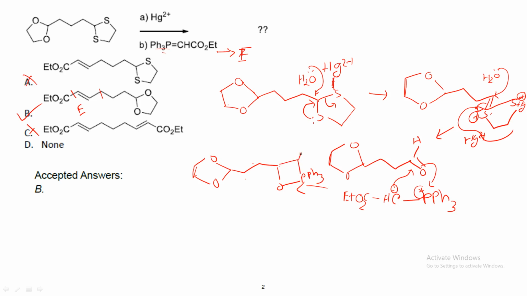So this type of thing would be forming. In the Wittig part we have the aldehyde and CO2Et. Okay, so now it is just simple elimination.